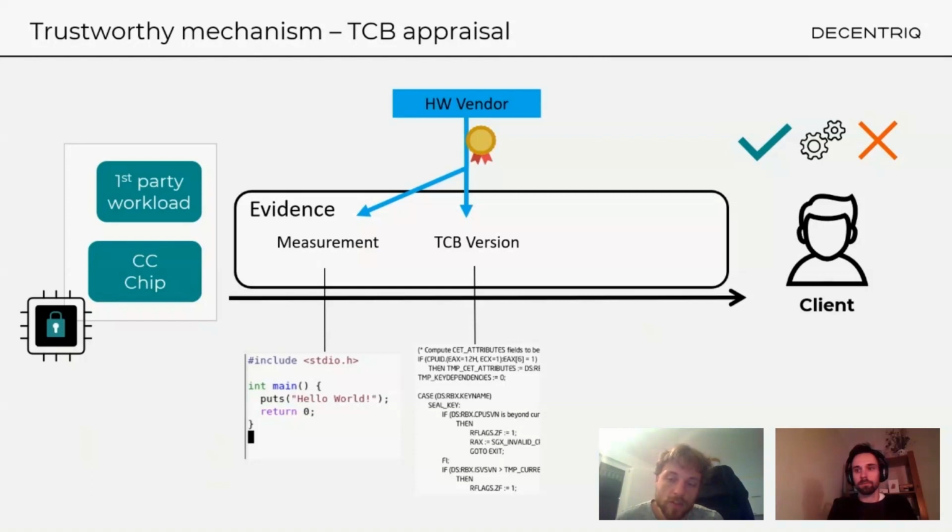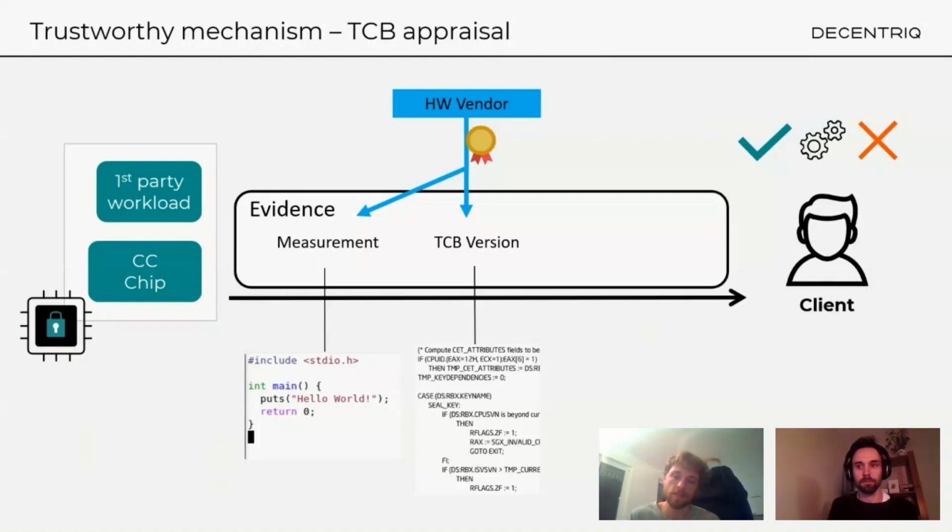Basically, a versioning scheme which allows us to reason about the state of the technology. The reason we need this is, over time, there are new vulnerabilities discovered, there are new versions of the firmware being released, there are new versions of microcode being released, and these have different security properties, and we want to be able to differentiate between these.